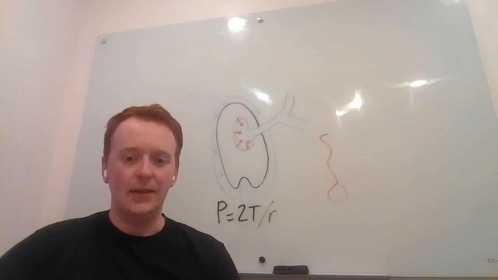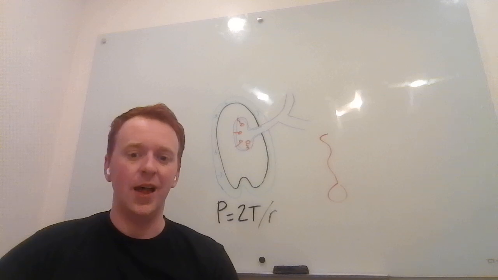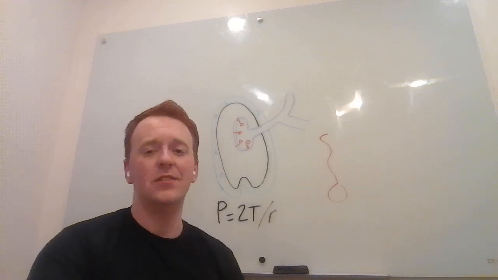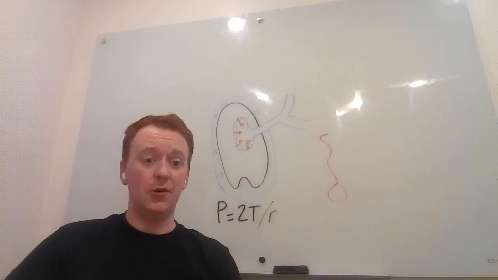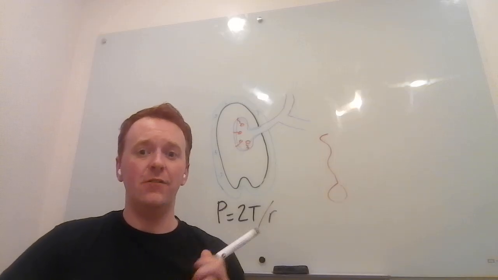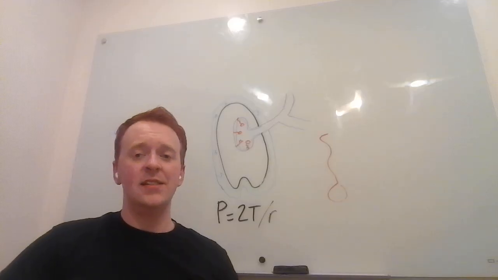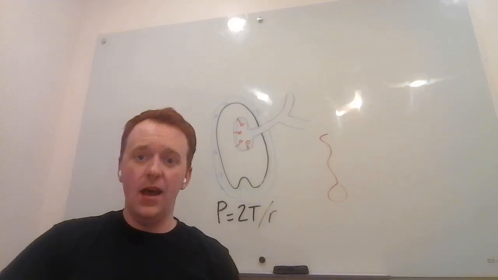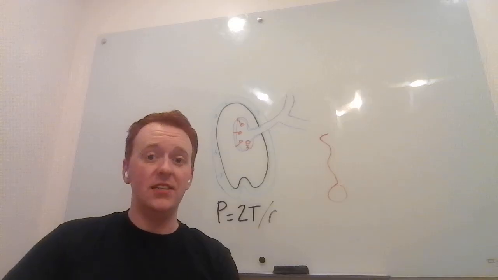So, yes, without surfactant, small alveoli would require extremely high pressures to stay open, meaning they would collapse. So, surfactant stabilizes alveoli at different sizes, and makes breathing much easier.